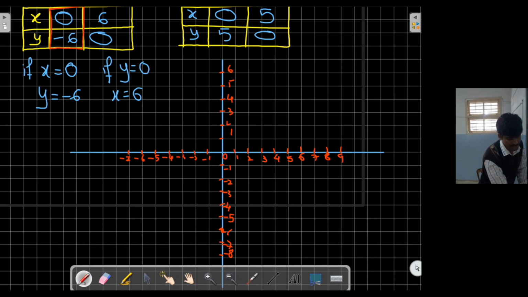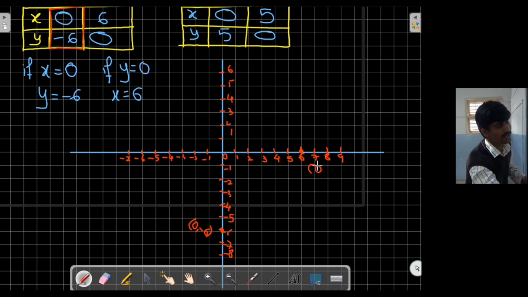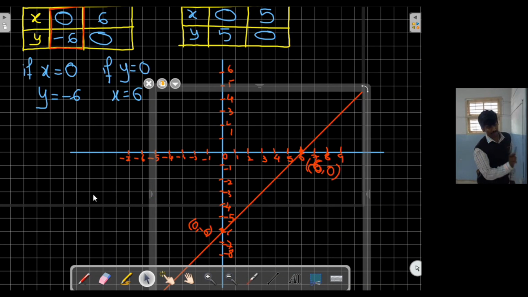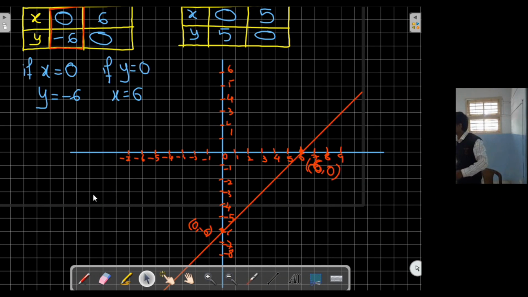So where is the point? Here. This point is 0 comma minus 6. And this point is 6 comma 0. Let us draw a straight line. Start to draw this one. We will get the first straight line.